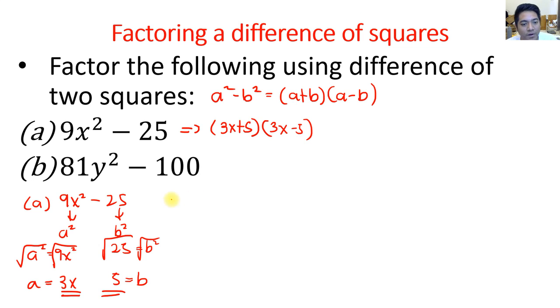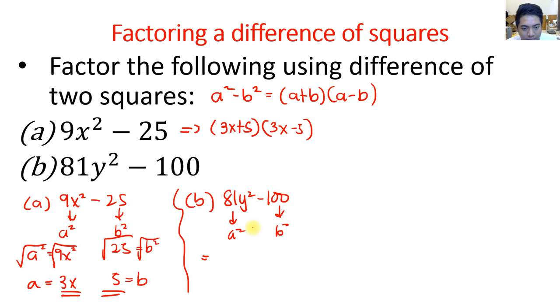How about letter B? We have 81y squared minus 100. This would be your a squared, and this would be your b squared. Getting the square root of 81y squared, your a would be 9y, and your b squared is 100, so your b would be 10.